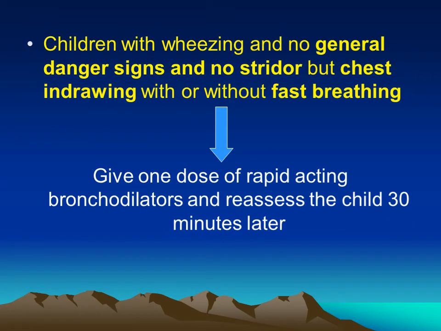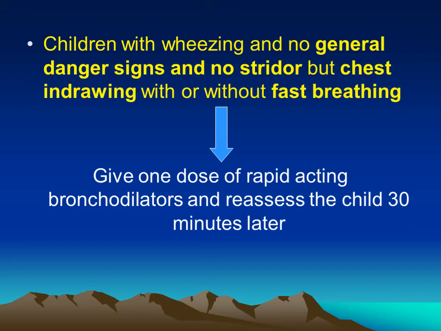In a child with wheeze and no general danger sign, but with chest indrawing with or without fast breathing, we give 1 dose of rapid-acting bronchodilator and reassess the child 30 minutes later.